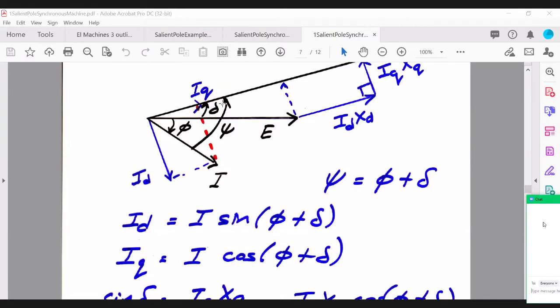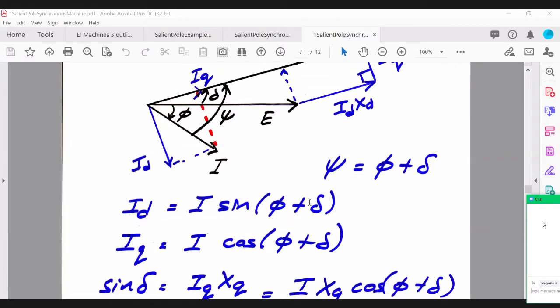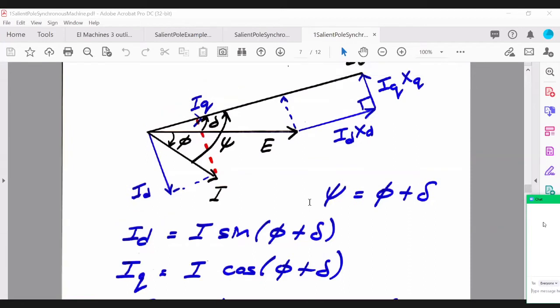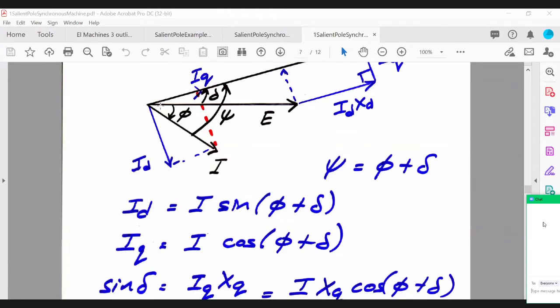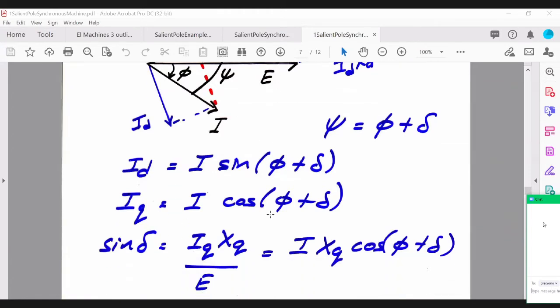let's look at this triangle here. If you take sine of delta here, we're getting basically this part, which is parallel to this, and they are the same size. So it's IQ XQ over basically this part, which is the phase E, right?